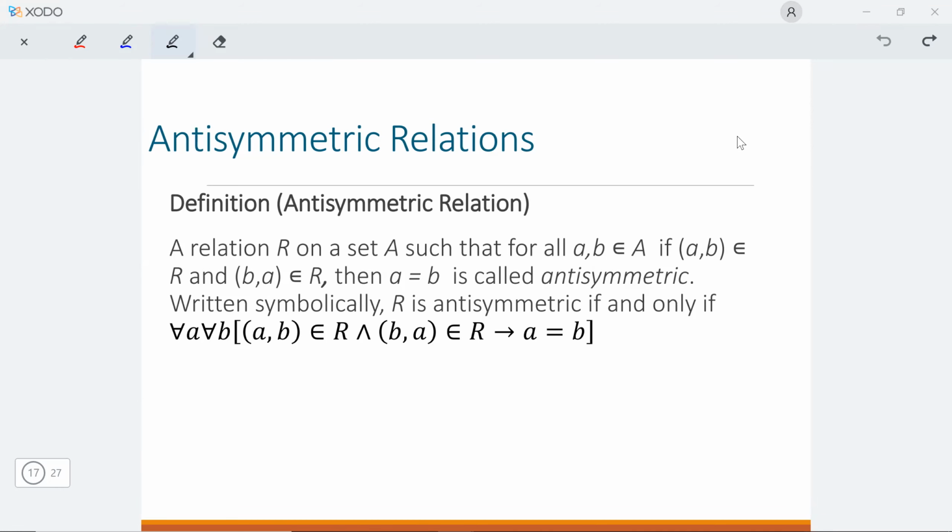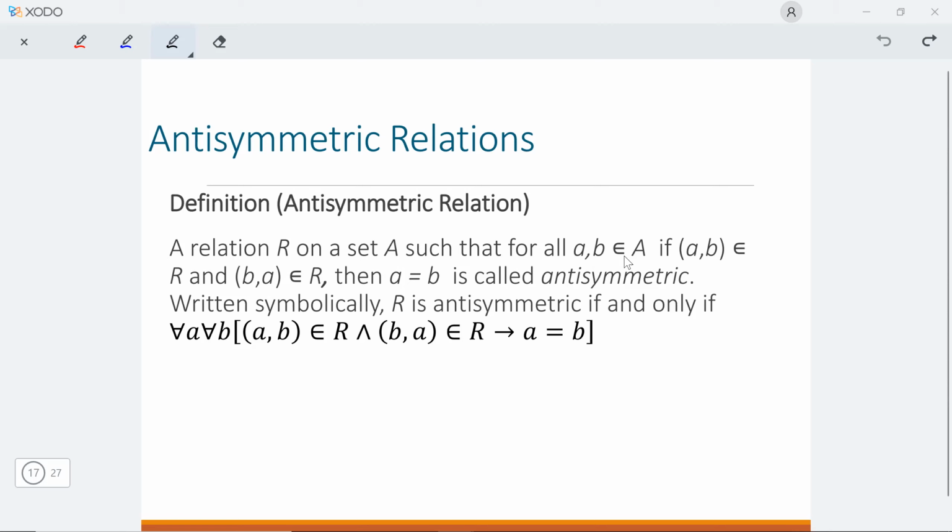The first one I want to introduce today is the anti-symmetric relation. For anti-symmetric relations, again we have a relation denoted by R, a subset of A times A. Then what is an anti-symmetric relation?